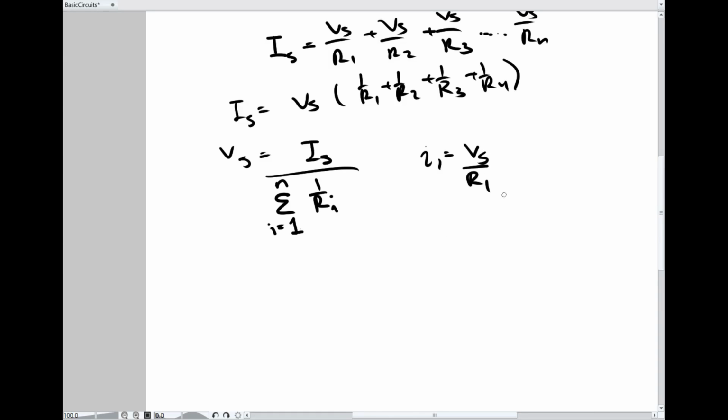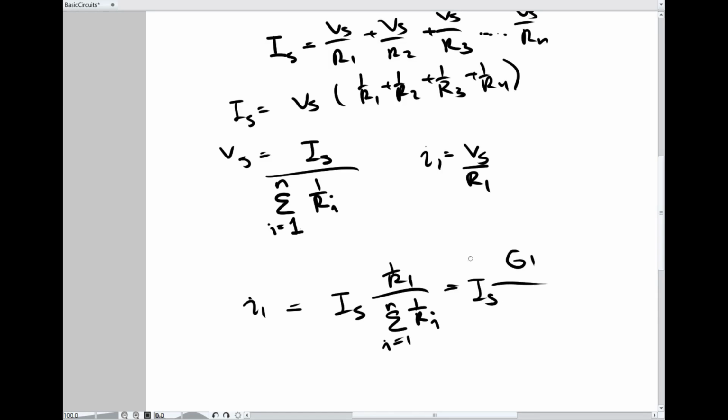And that's just equal to Is times 1 over R1 divided by the sum, i equals 1 to n, of 1 over Ri. Or I can write this as Is times the conductance of the resistor of interest divided by the sum of all of the conductances.